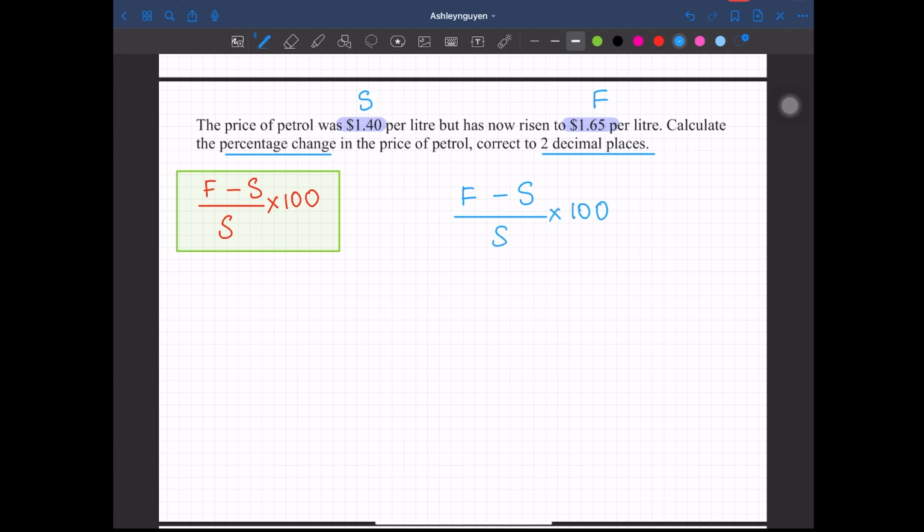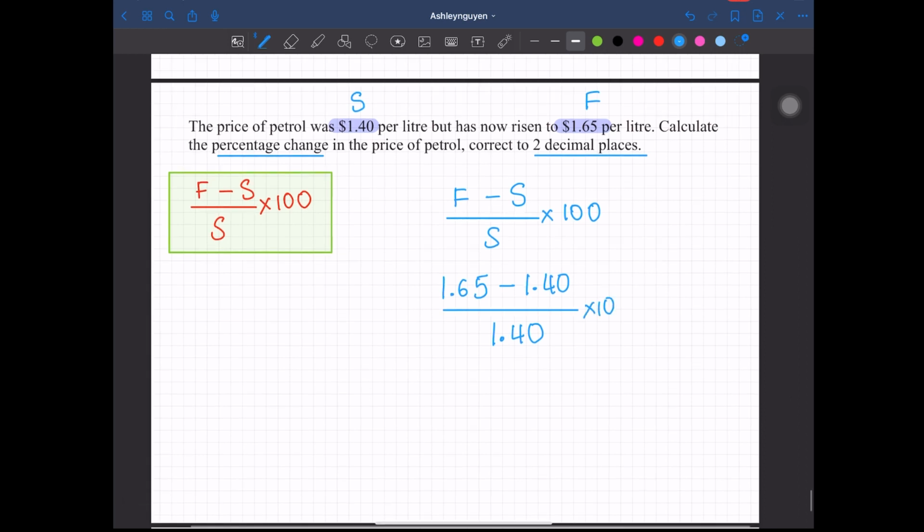Now it becomes $1.65 take away starting value $1.40, over starting value $1.40, times by 100. Put it in the calculator and I have approximately 17.86%. So the petrol price had changed 17.86%.